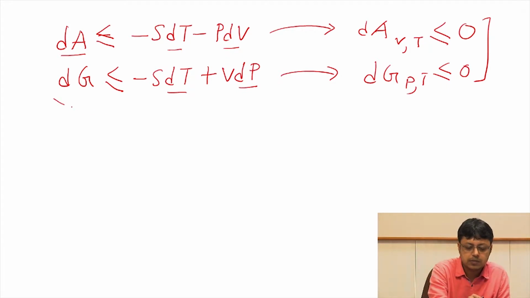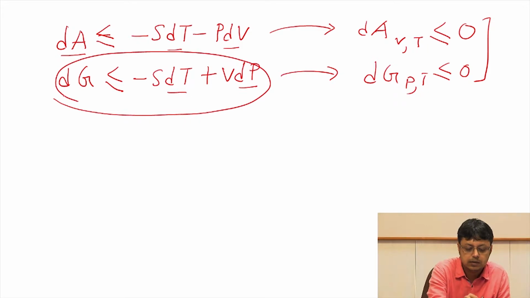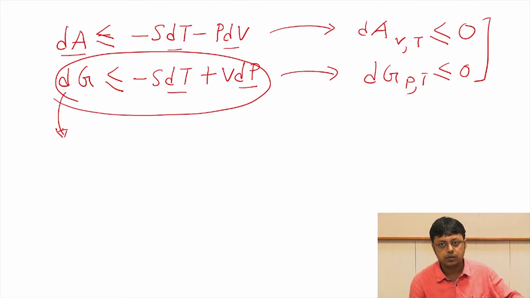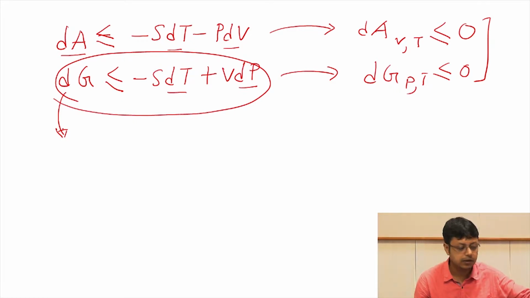Now let us focus on the Gibbs free energy change only. So we'll start with this equation, and we can first ask this question: what is the derivative of the Gibbs free energy with respect to, say, temperature and pressure?